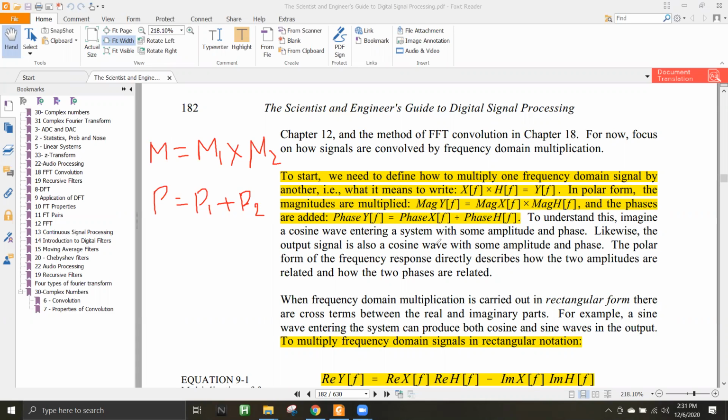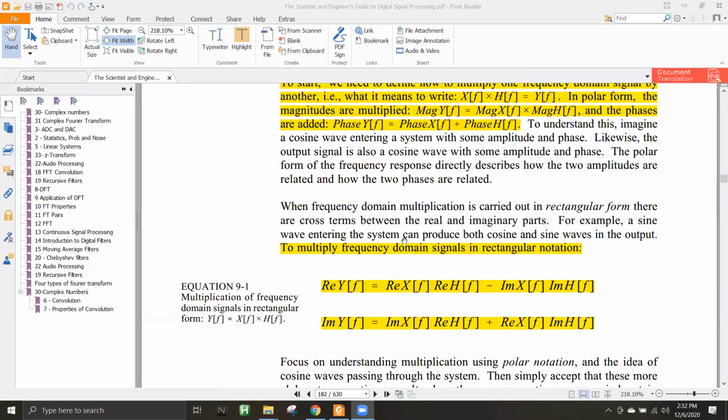Otherwise, if you want to perform the same multiplication using rectangular notation, that means re plus i im, a real component plus i times imaginary component, then the corresponding ReY would be ReX times ReH minus ImX times ImH, and the imaginary component of y would be ImX times ReH plus ReX times ImH.